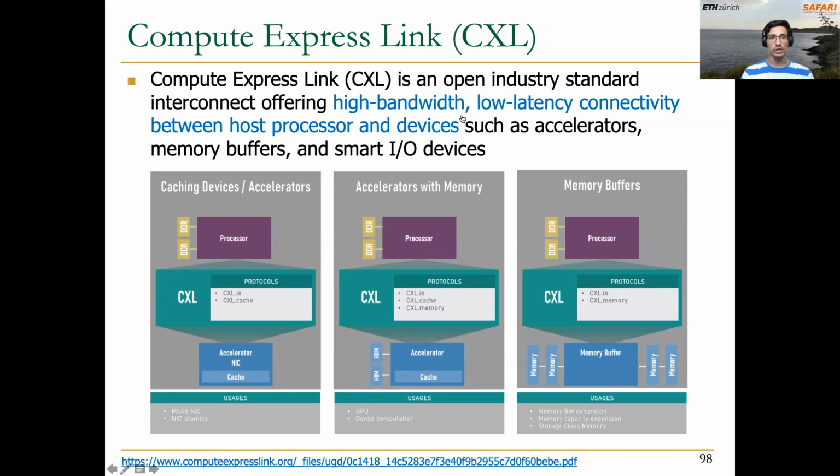This is currently under development as far as we know, and hopefully in the near future we'll have access to these kinds of systems, and we can evaluate the potential of this new coherent interface.